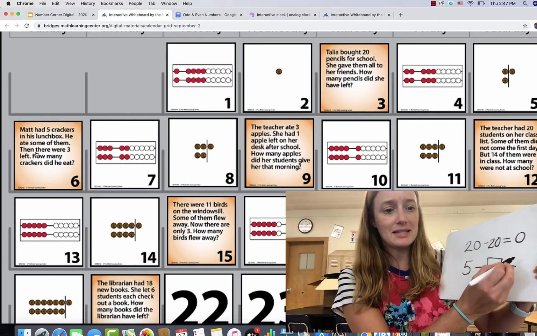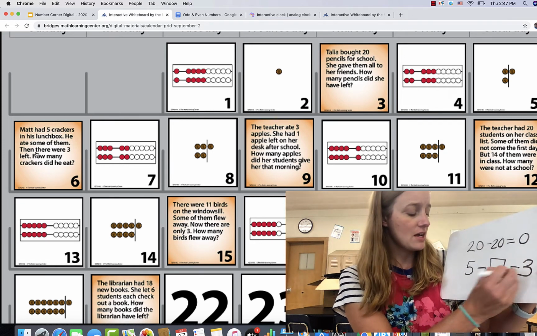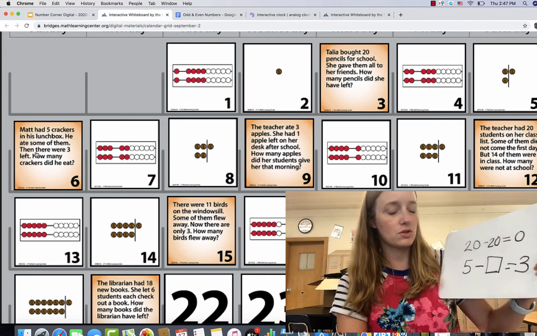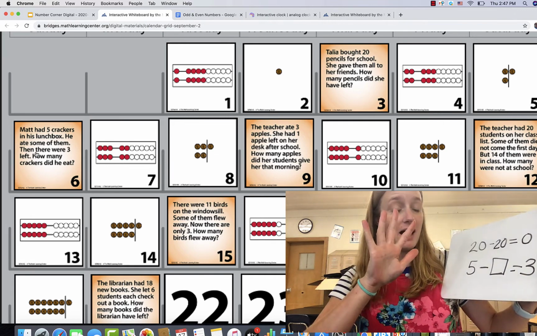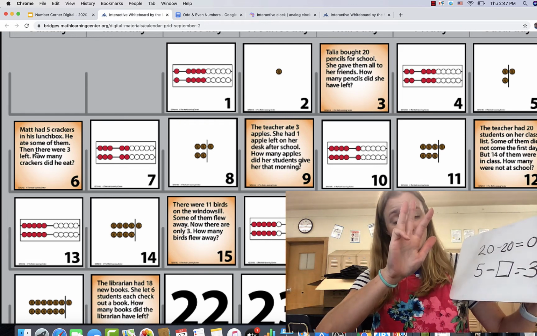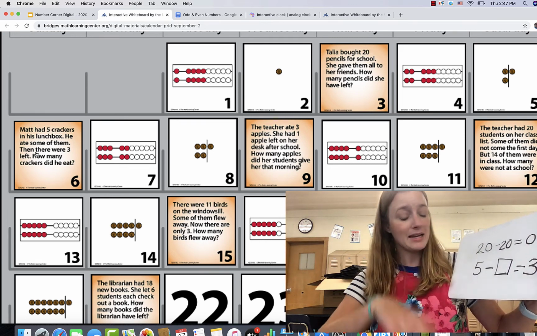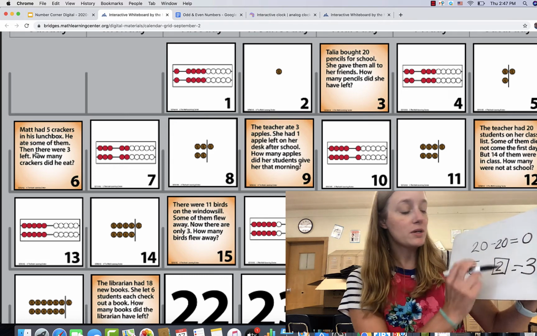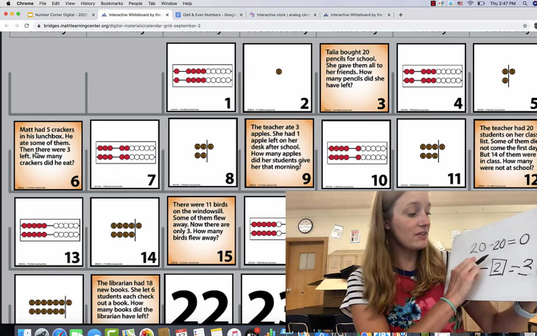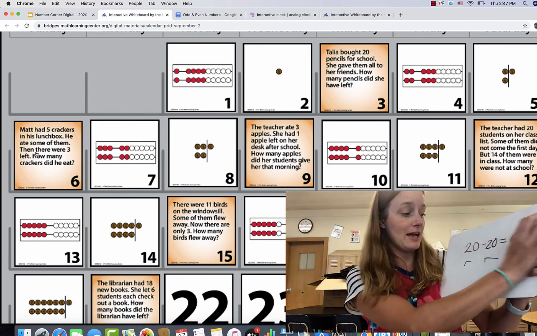But we know he's left with 3. So we have to figure out 5 minus something equals 3. So if I have 5 and I know he has 3 left at the end, I can take those 3 away and I'm left with 2. So here Matt ate 2 crackers. Okay, and I'll go ahead and fill this out on our chart again later for time-wise.